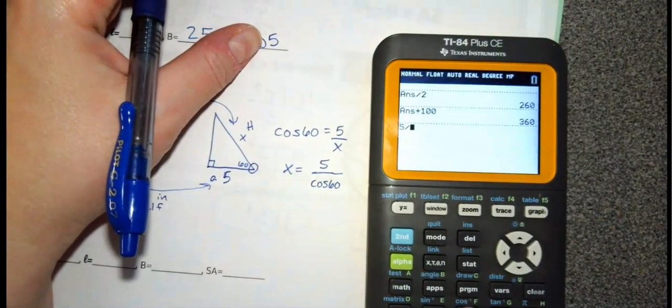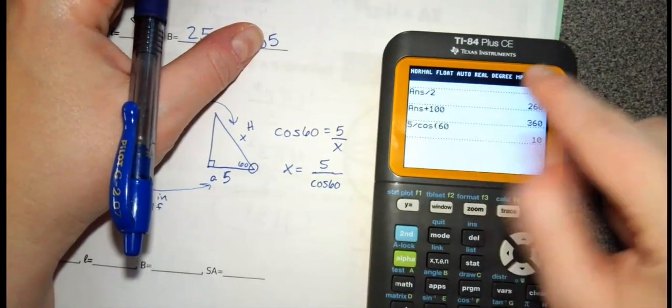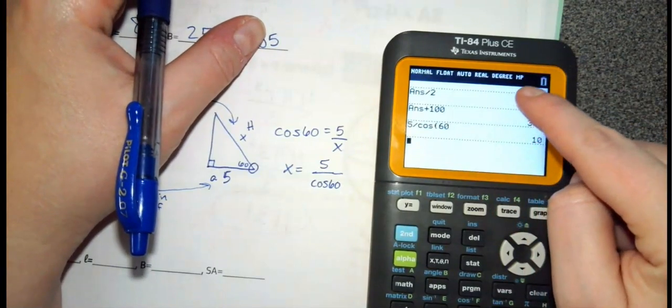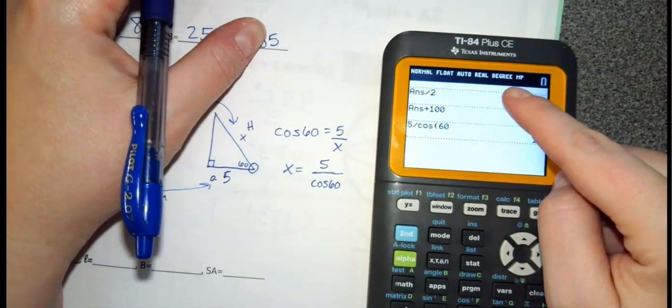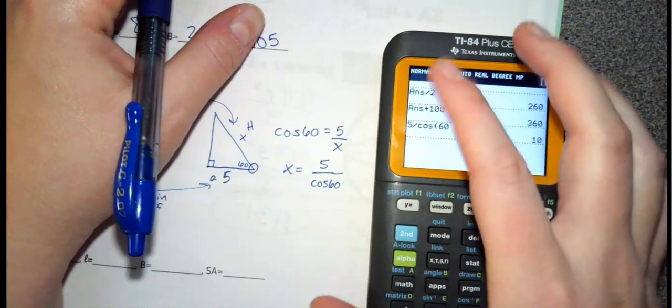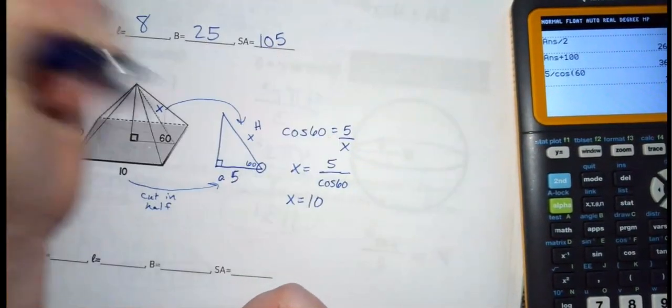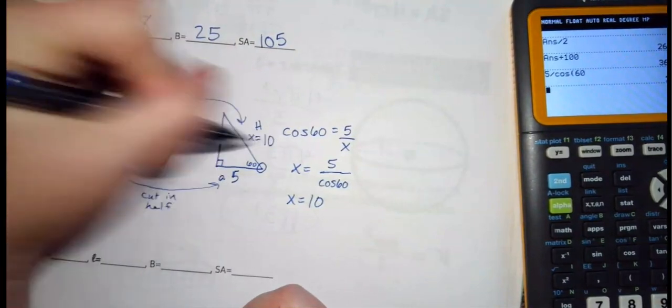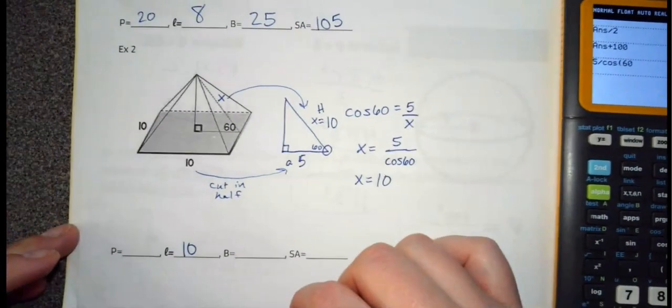And this we can type into the calculator. 5 divided by cosine of 60. If your calculator is not in degree mode, then that won't work. And this one actually comes out to a nice, pretty number. This is 10. And so that's what our slant height is going to be. So I'm going to write that down there.